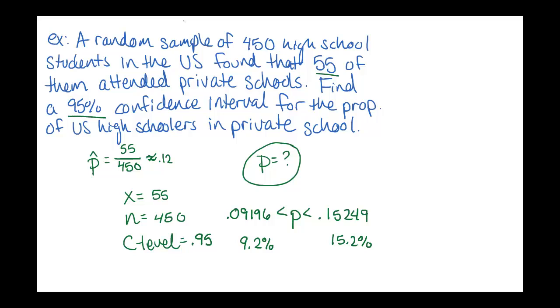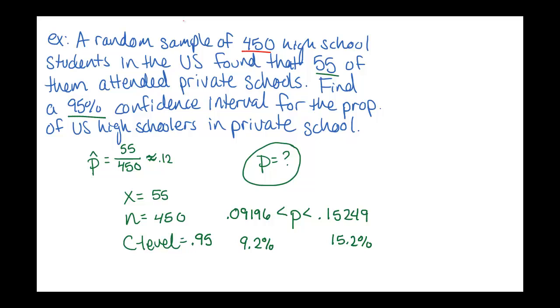But we would predict that between about 9 and 15% of U.S. high schoolers are enrolled in private school based on this sample. Now, if we took a different sample, our prediction would probably come out a little bit different, but hopefully it wouldn't be too extremely different. Another thing I'd like to point out here, the sample size, this would be our n, makes a big difference in terms of your error on these calculations, but what actually doesn't matter is the size of the population.